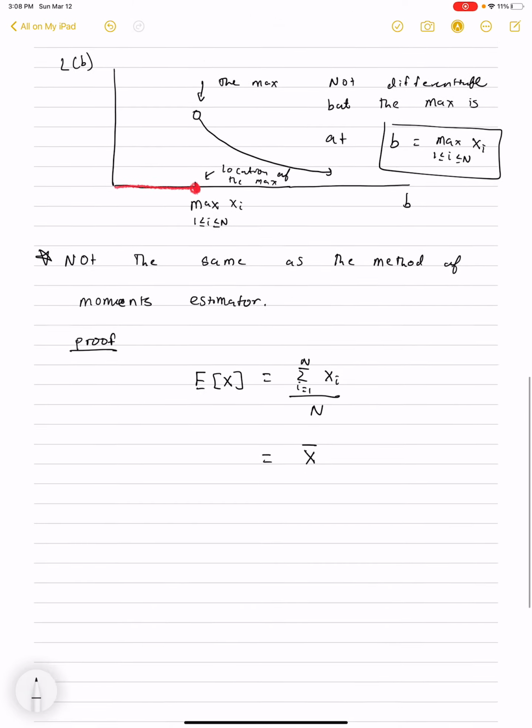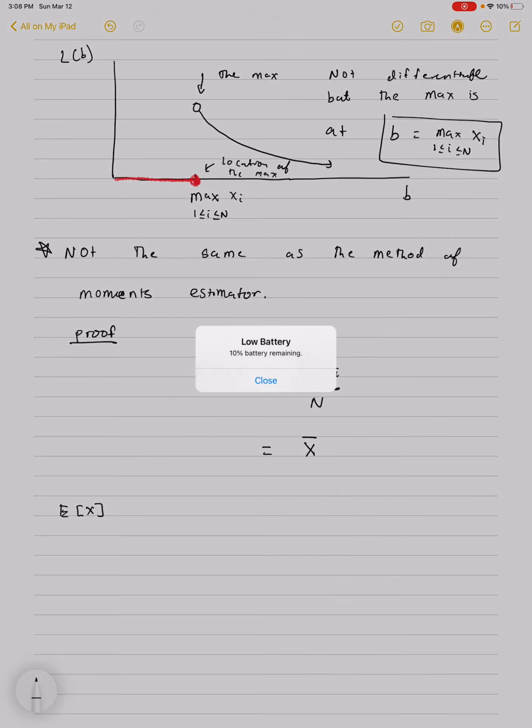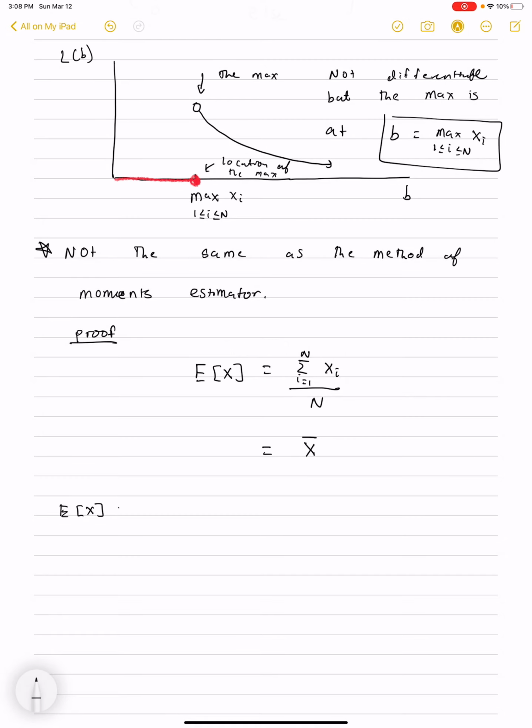To figure out E of x, we'd better calculate it. E of x is equal to the integral from minus infinity to infinity of x times f of x dx. We wrote out what f of x is. It's only going to be 1 over b when x is between 0 and b.